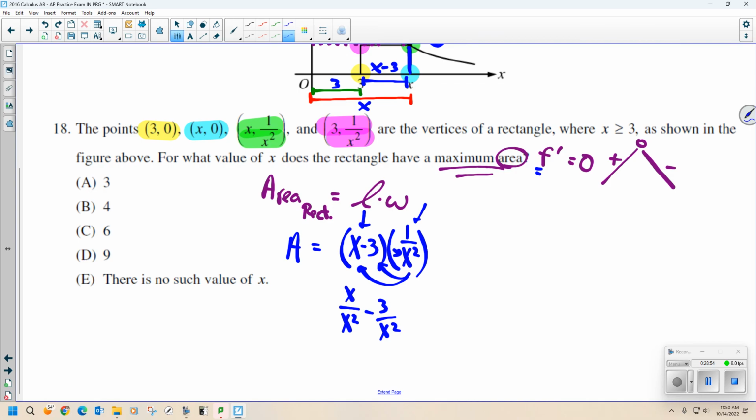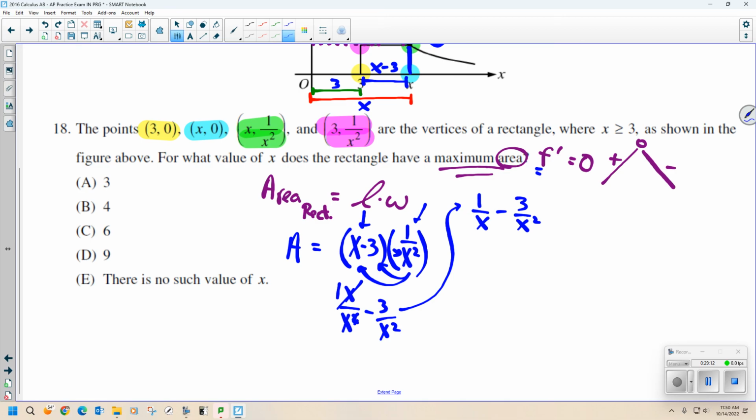There's plenty of ways to take the derivative. So I'm going to reduce these. That ends up with 1 over x, because 1 x cancels with one of these x's. This one I really can't do anything with.